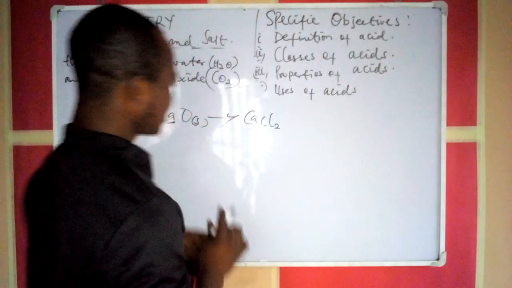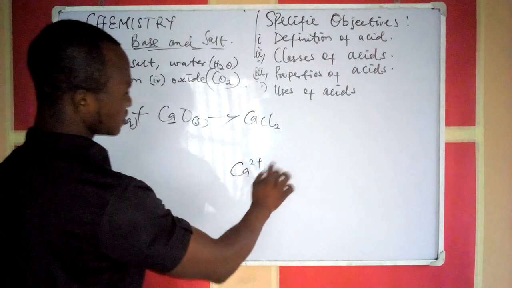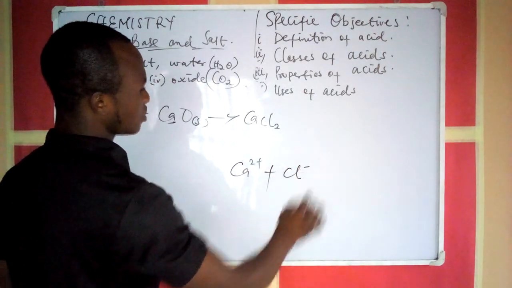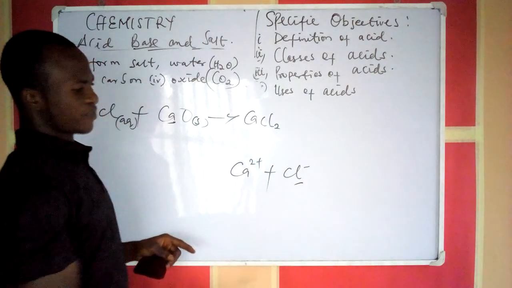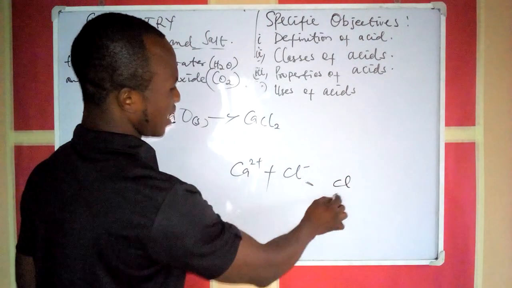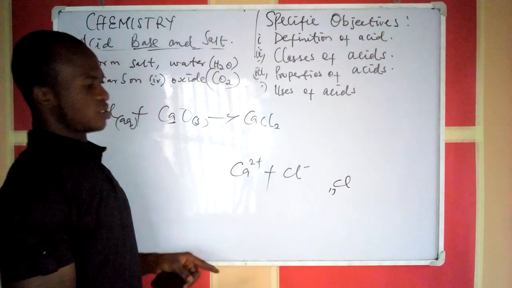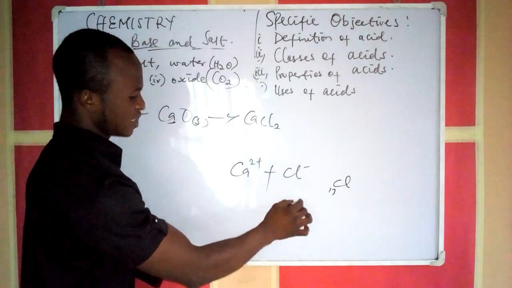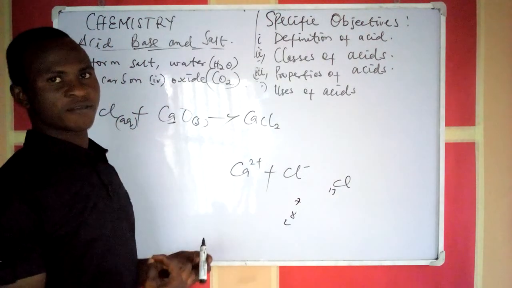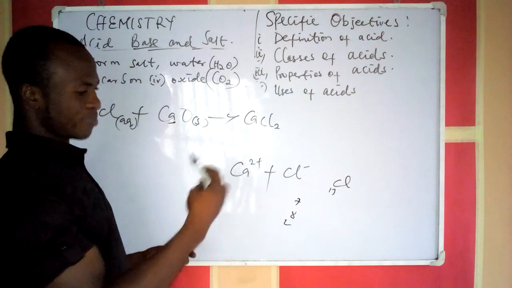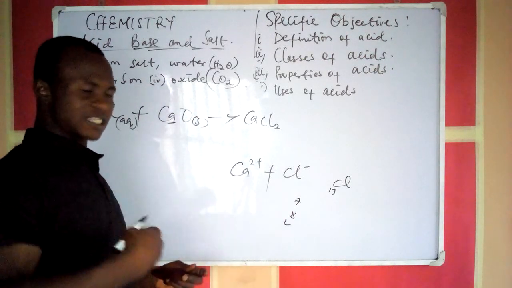Let me just give you something here. This reaction is reacting with HCl, Cl minus. Chlorine atom having 17 electrons has 2, 8, 7. It needs one to complete its valence shell, to make itself octet.